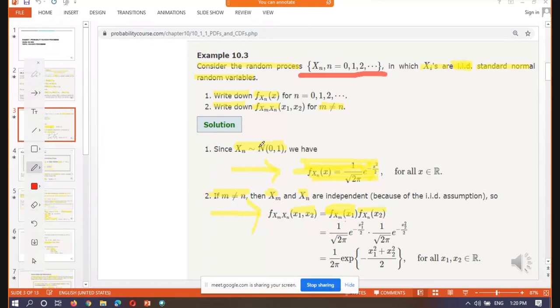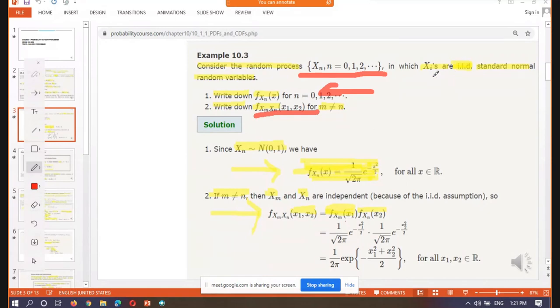So here first we have to write down the density function of Xn for all n, and the joint density function of Xm and Xn when m is not equal to n.